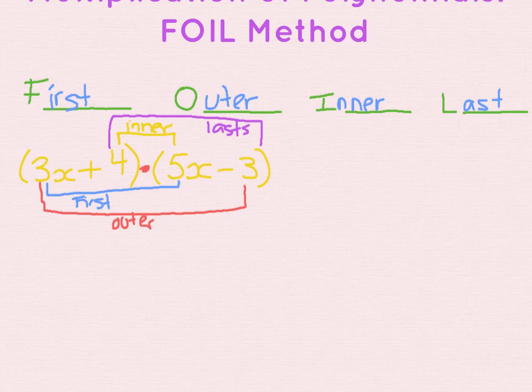So rewriting it out, we are first going to multiply our firsts. So we're first going to do 3x times 5x. That's the very, very first thing that we're going to do. Plus, because there's a plus in between them. So I did outer in red.